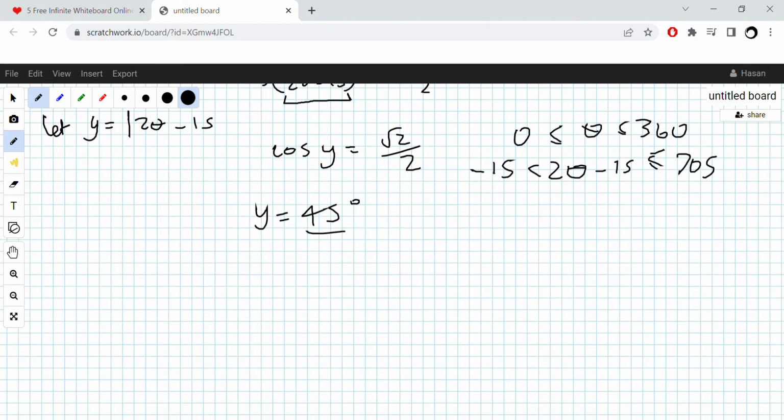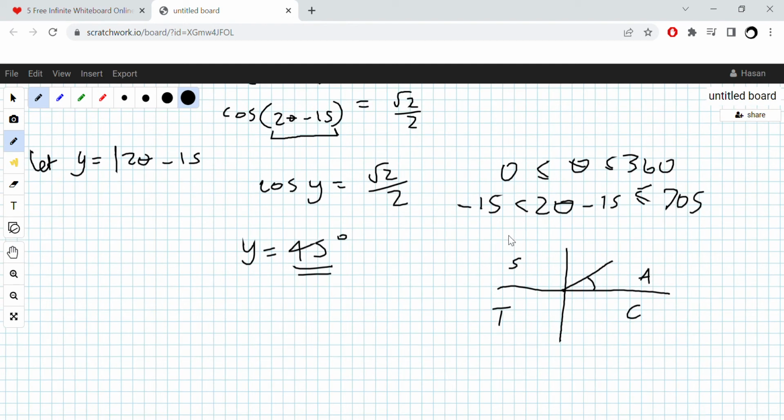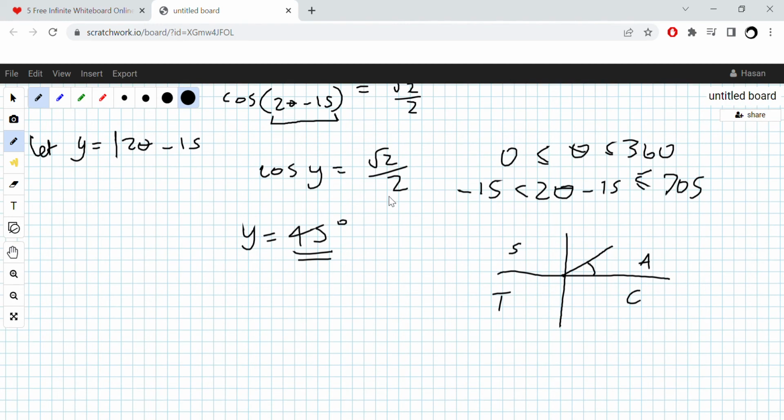We already have 45. Now we need to find the rest. 45 corresponds to this angle on the cos diagram. If we draw out our cos diagram, since our equation was cos y equals root 2 over 2, cos being positive means the regions we have to find are this region and this region, because these are the only regions where cos is positive.